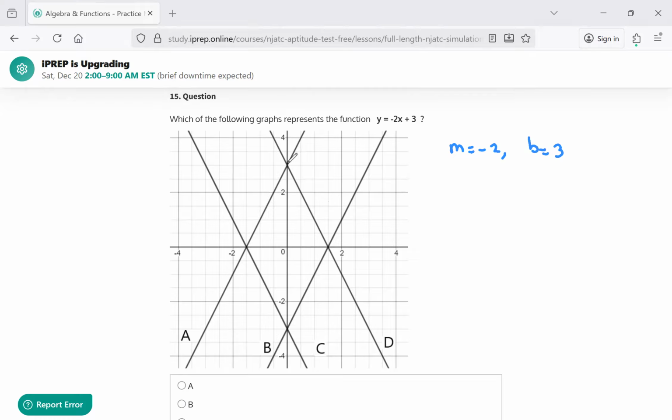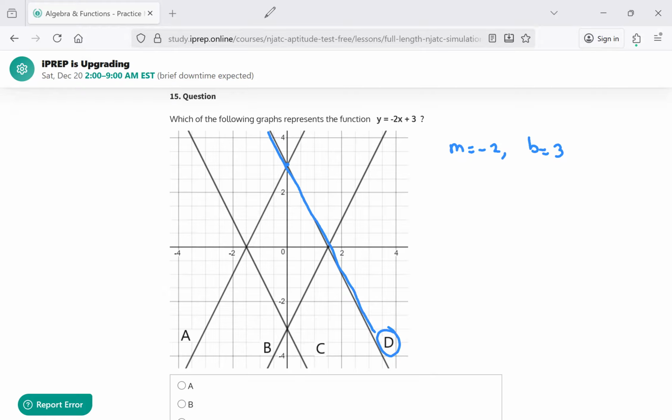I think it would be graph D, right? This has a y-intercept of 3 and then the slope is negative. So yeah, I think it's graph D. So this is question 15. Yes. So it's that one.